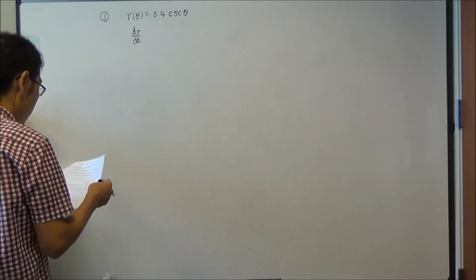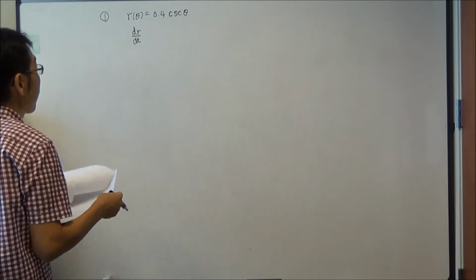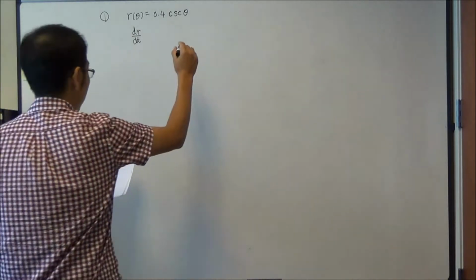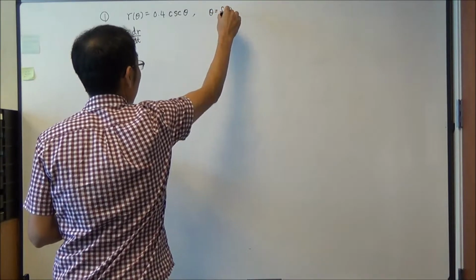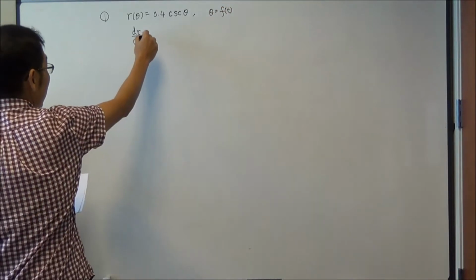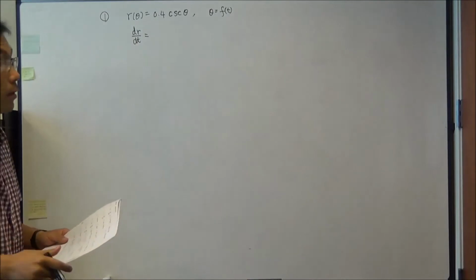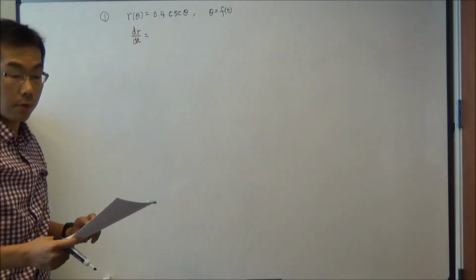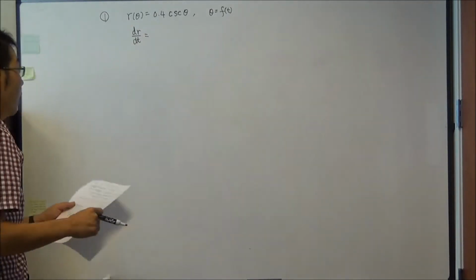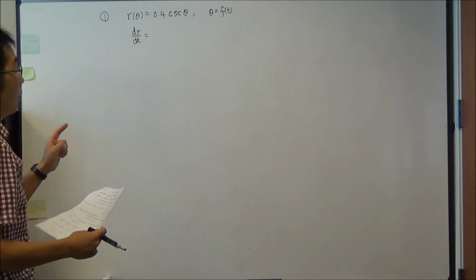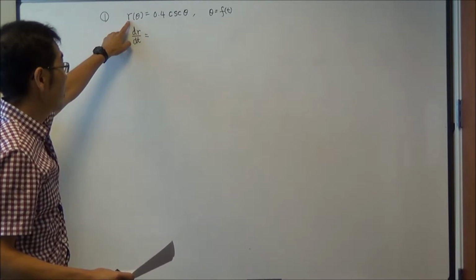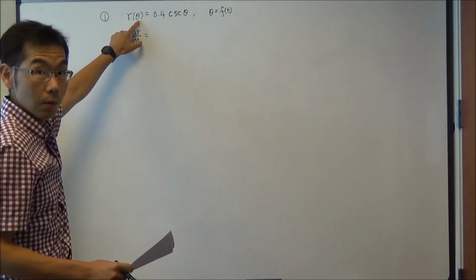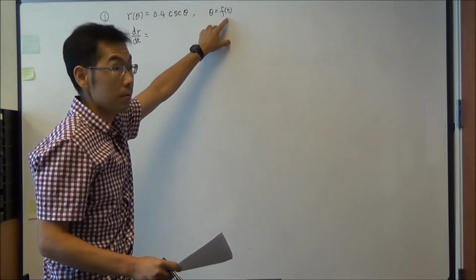So right now, our theta is a function of time, and I want to find the derivatives of this r function. The problem is that the r function is a function of theta, although we know that theta is a function of time.